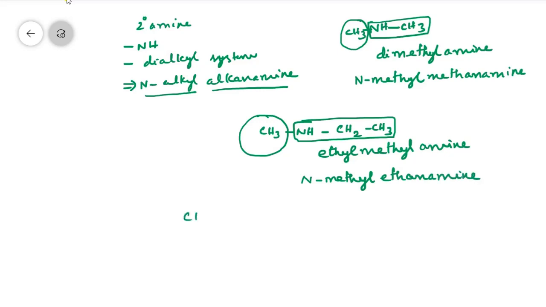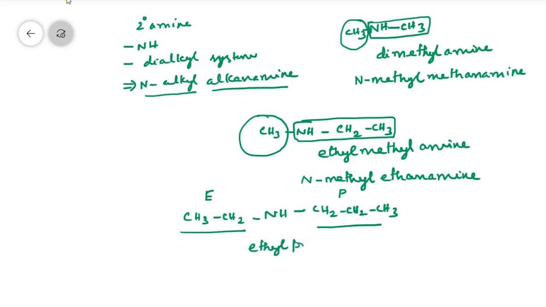See this example. It is an example of mixed amines. One is the ethyl, another one is the propyl group. So this is the ethyl group attached, and here the propyl group. Now what is the name? In alphabetical order, ethyl is first, so it is ethyl propyl amine. This is the common name. In the IUPAC name system, one is considered as the substituted part, another one is the alkane part.